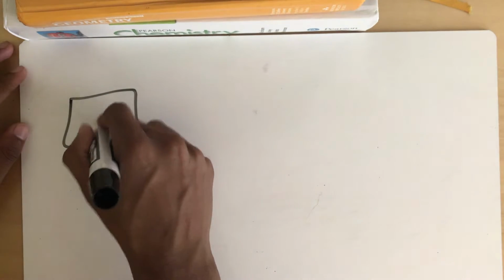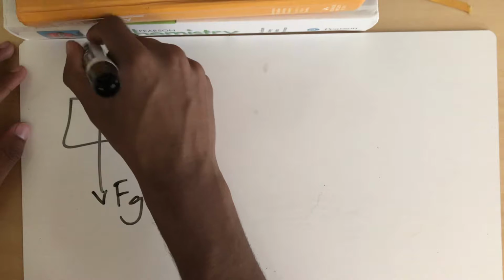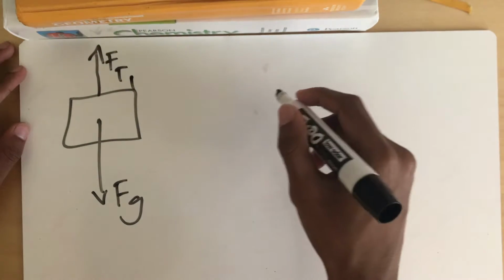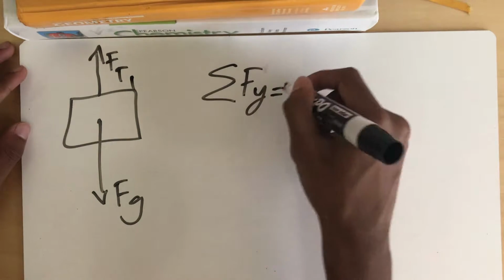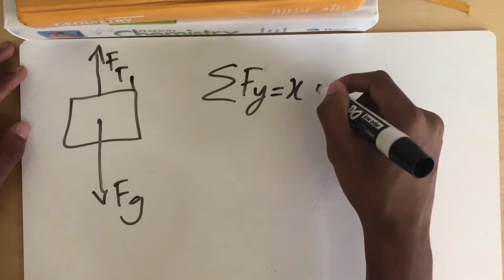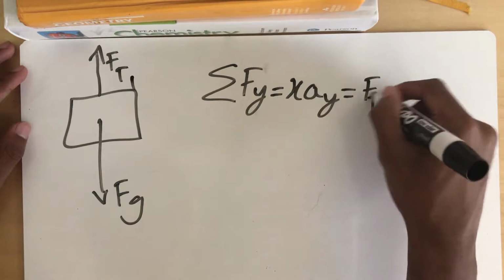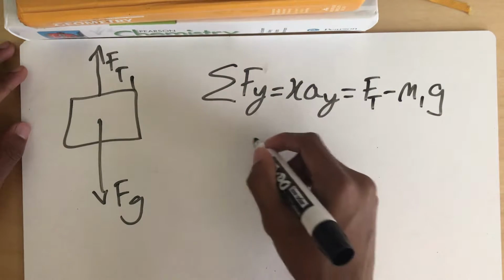For our free body diagram, we're going to have force of gravity going downwards, and then we're going to have force of tension of mass 1 going up, and then our sigma F statement in the y direction is going to be x, which is the mass of 1, times the acceleration in y, which is equal to Ft minus the force of gravity.